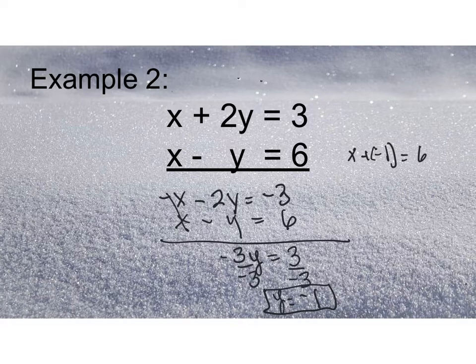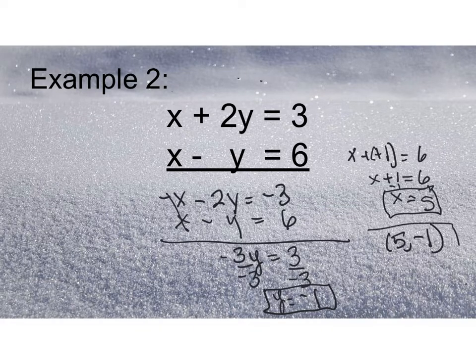Remember, that becomes a plus. So I'm going to have x plus 1 equals 6. So my x value will be, I'm going to subtract 1 from each side, will equal 5. So my solution to this system, my final answer, will be 5, -1.